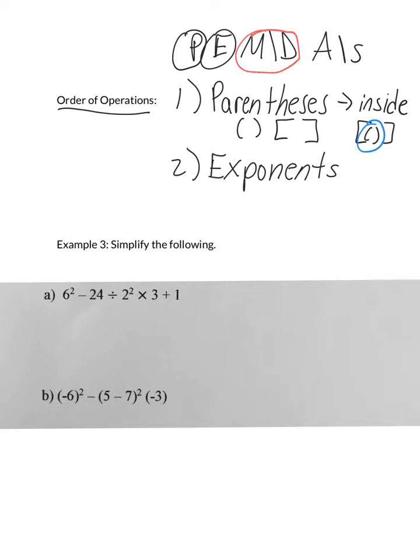MD, notice how I wrote it with a slash in between them? It's so easy to forget. M and D do stand for multiplication and division, but what's so easy to forget is that with multiplication and division, you do whatever comes first from left to right.